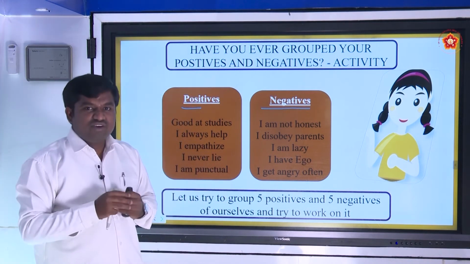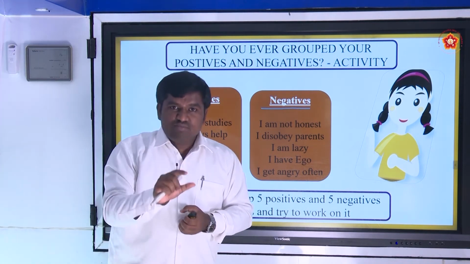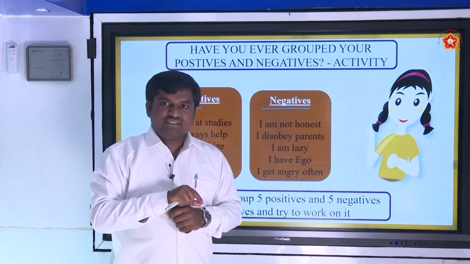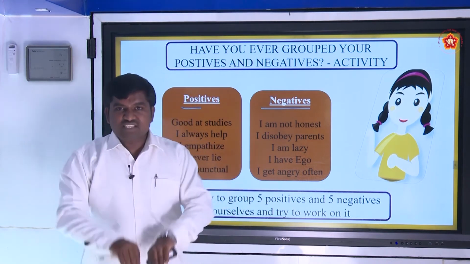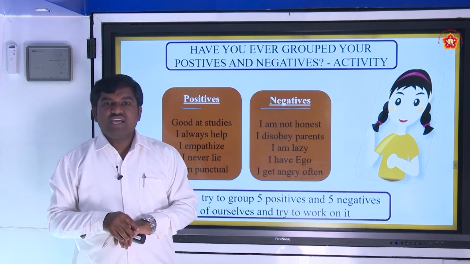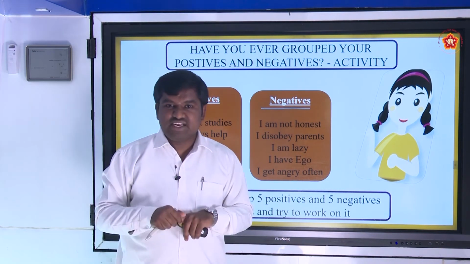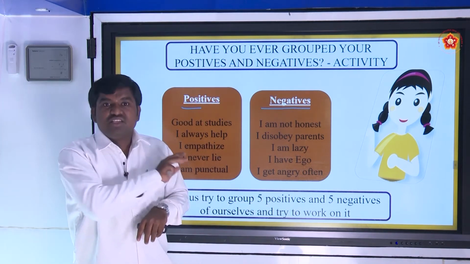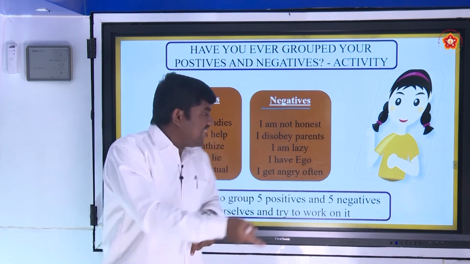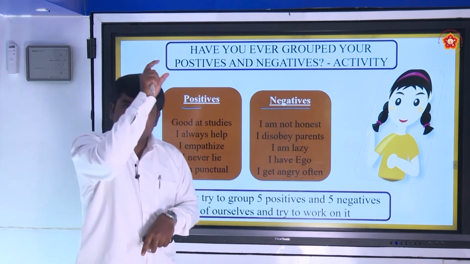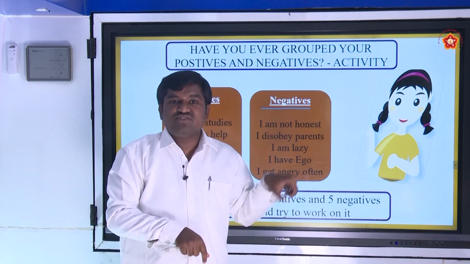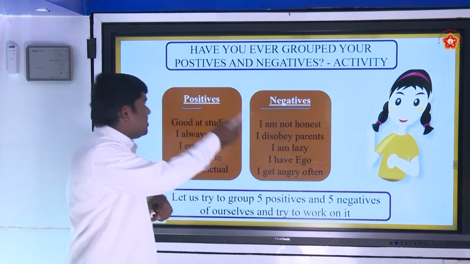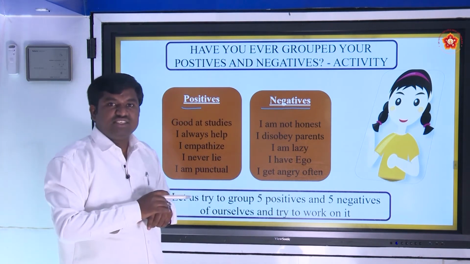Once in 3 months, let us introspect ourselves, list out 5 positives and 5 negatives, and then work on it. After 3 months you can revisit and list out 5 positives and negatives again. Then check whether your negatives have been converted into positives or not.